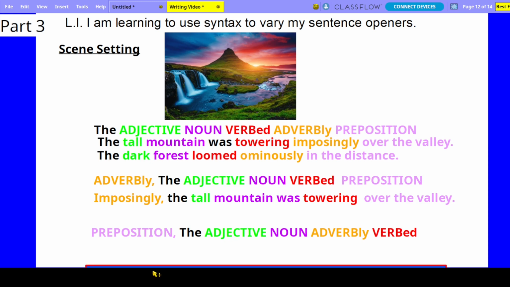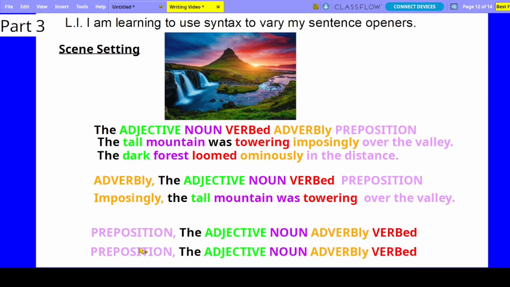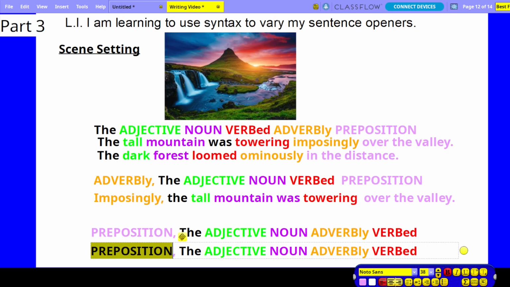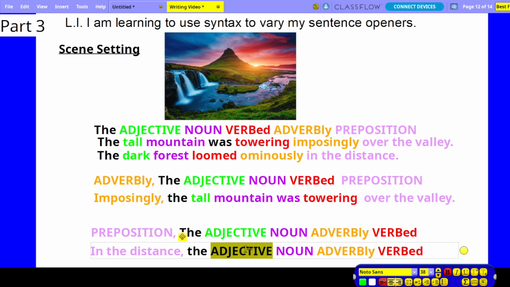However, we can put other things at the start of a sentence. I could slap the preposition at the start. So let's do that with this second sentence here. We had the dark forest loomed ominously in the distance. Well, we're being told for this one to start with a preposition. And our preposition was in the distance. And we had the, shouldn't be a capital there. In the distance, the dark forest, and I'm not even doing verb adverb now.